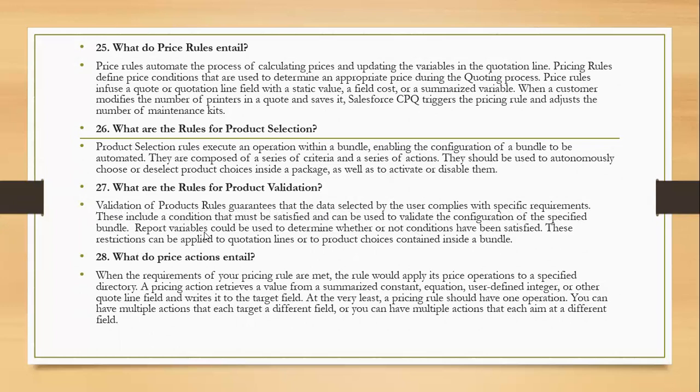Vendor report variables could be used to determine whether or not the conditions have to be certified. These restrictions can be applied to the quote line or to the product choice content inside of the bundles.